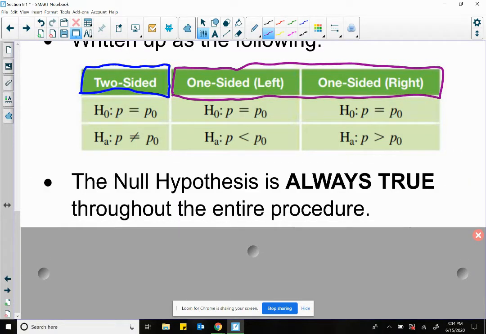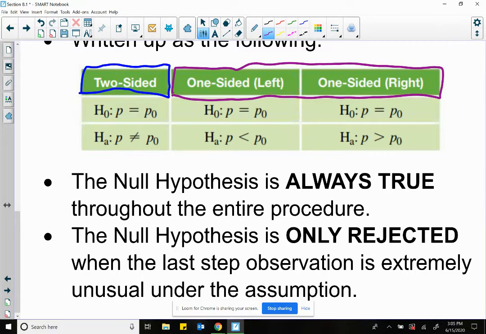The null hypothesis is always true throughout the entire procedure. From the very beginning, steps 1 all the way through step 3, the null hypothesis is always true. It is in step 4, the interpret, where things could switch up on us. It's in the last step that things could change on us.